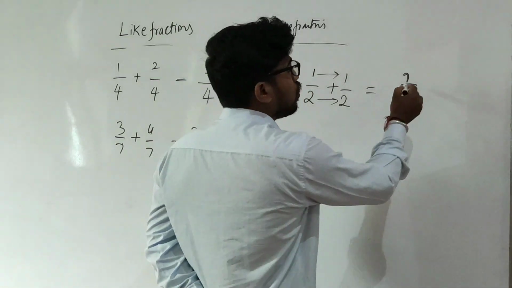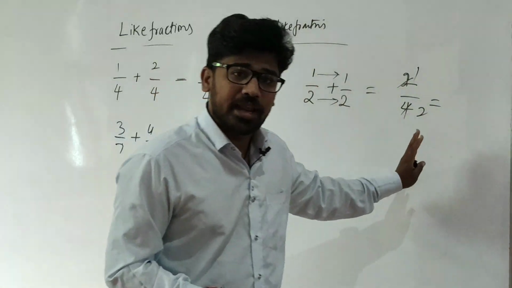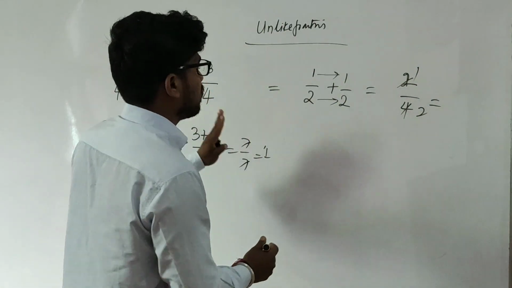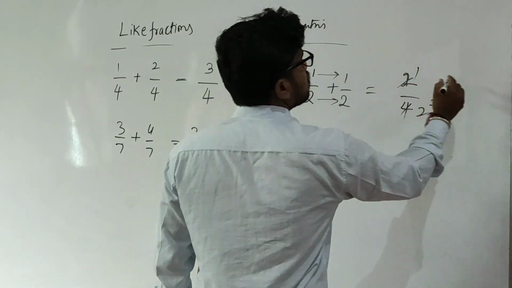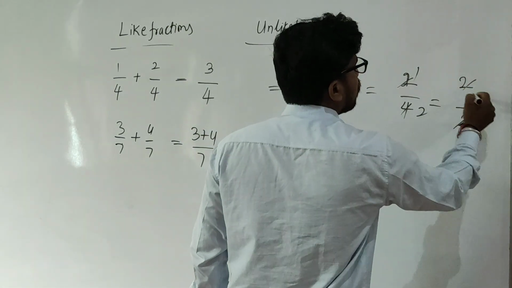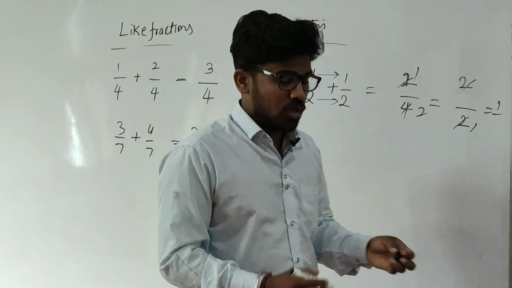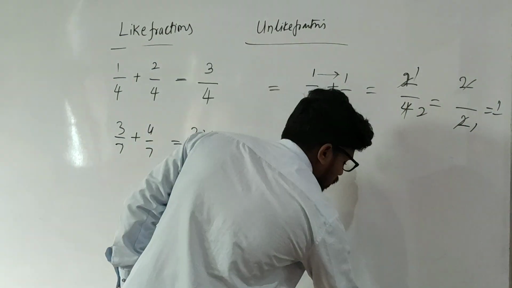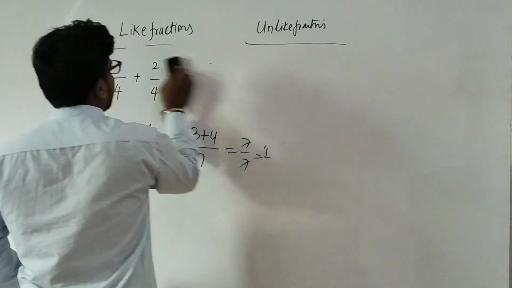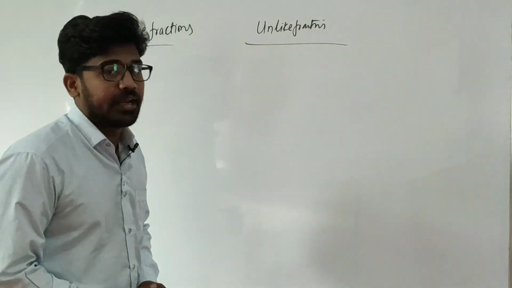So what we get is 2 over 4, which is the same as half. Is half plus half again half? No. Half plus half is a full. So we do the other step. 1 plus 1 is 2 and we keep the denominator the same. That is 2 over 2, so the answer is 1. Half plus half is 1. So from this technique we come to know how to add like terms.